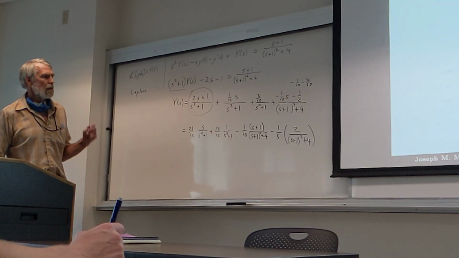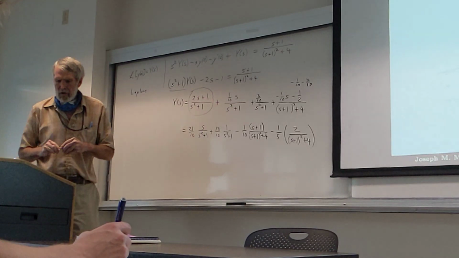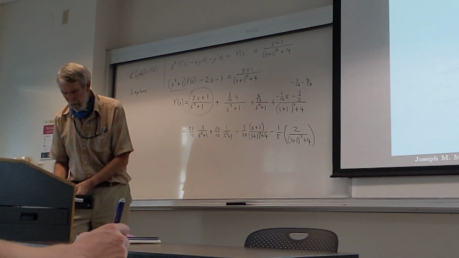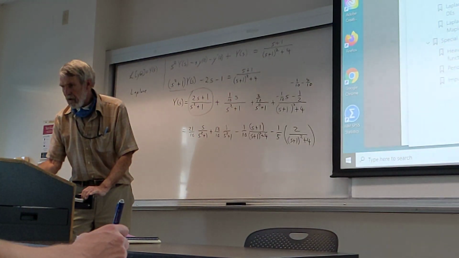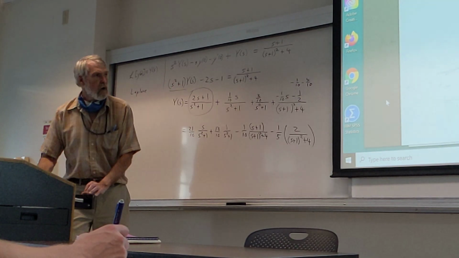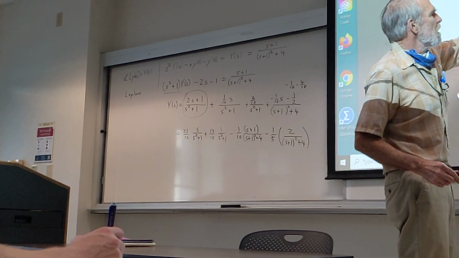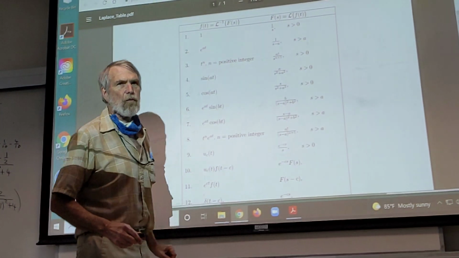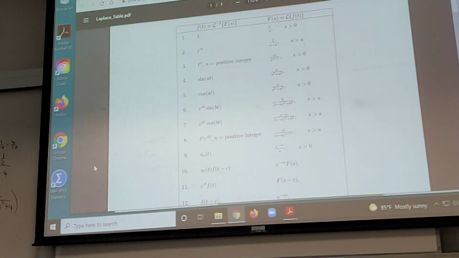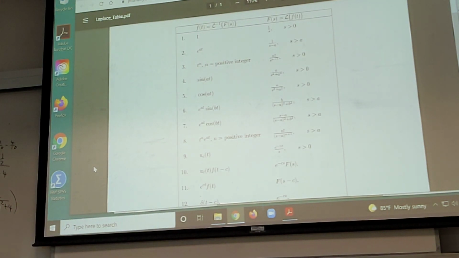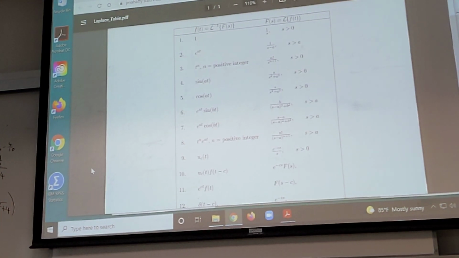All right. Again, I should have shifted away from this over to this. What I'm trying to do is get my elements to look like these 4 elements here in the table. Okay, so my y of t.